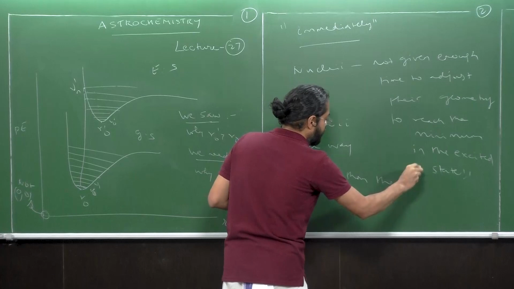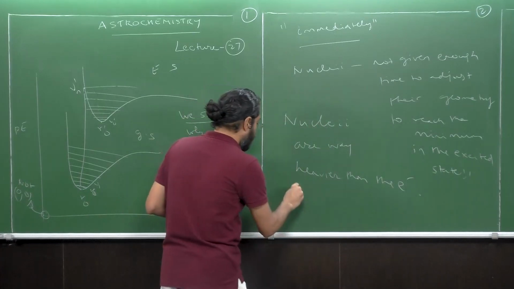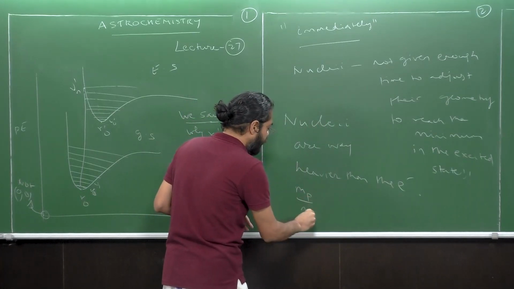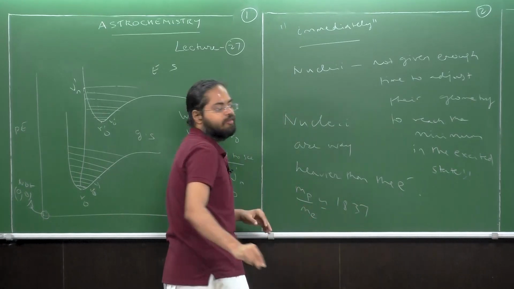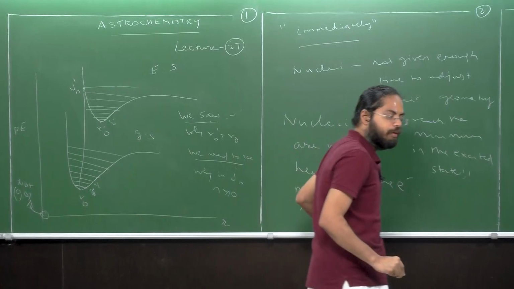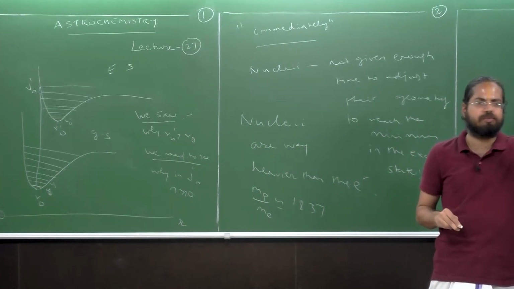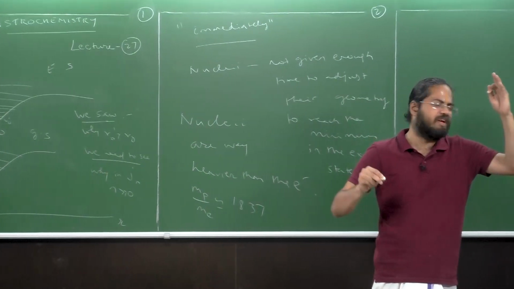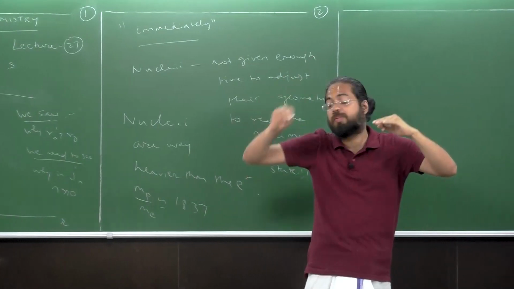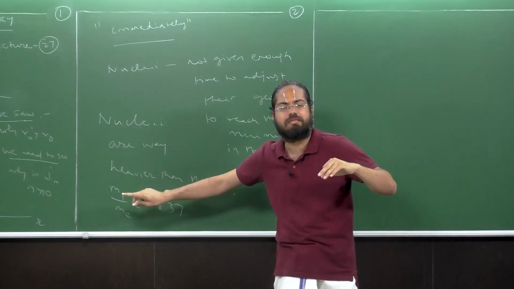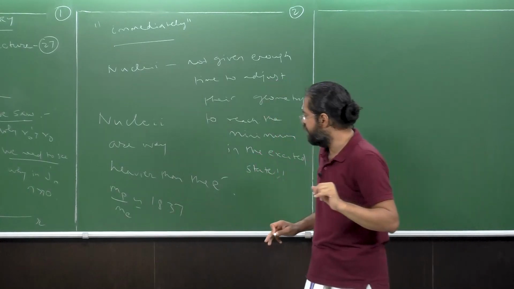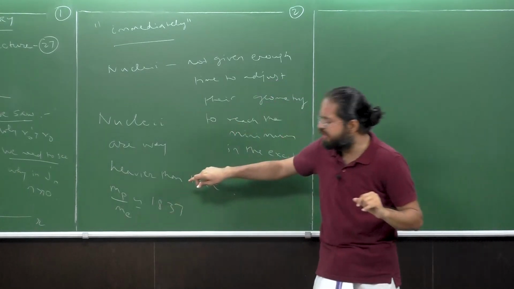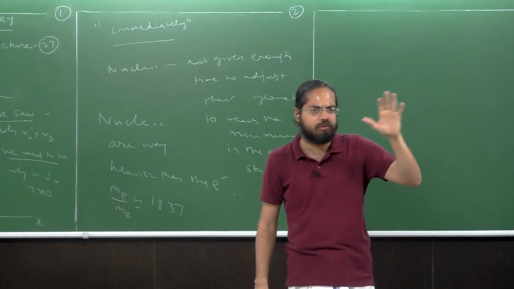than the electrons. The mass of a proton to that of an electron is approximately 1837. I'll leave it to you as homework to get this number. We're talking about something like 10 to the power 27 or 28 divided by 10 to the power minus 30 or 31, so the ratio is roughly of the order of 2000.